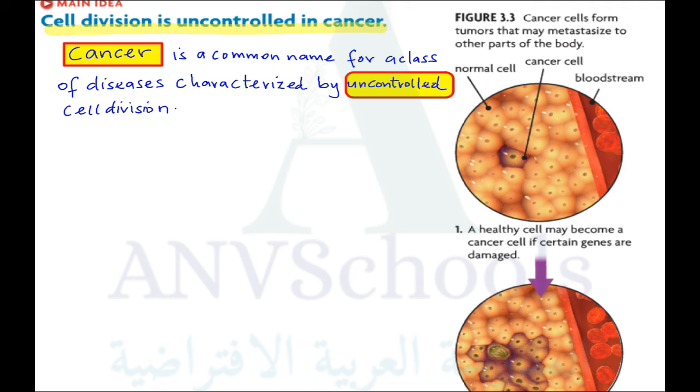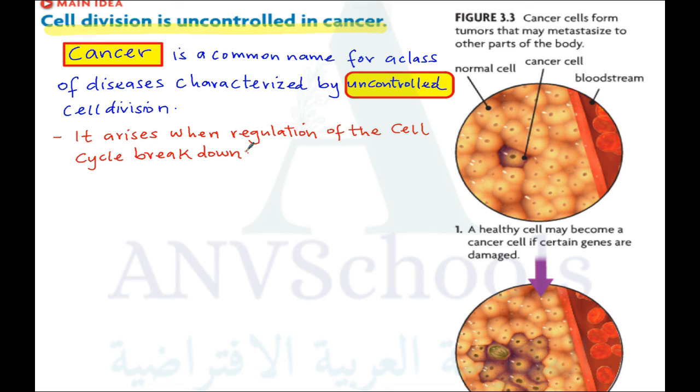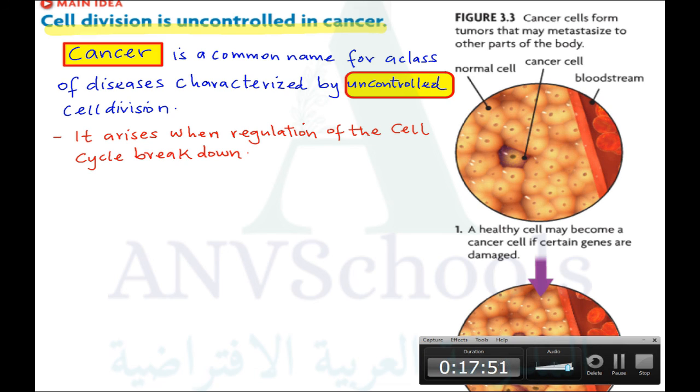It arises when regulation of the cell cycle breaks down. So when regulation of the cell cycle breaks down, this will lead to what we are calling cancer.